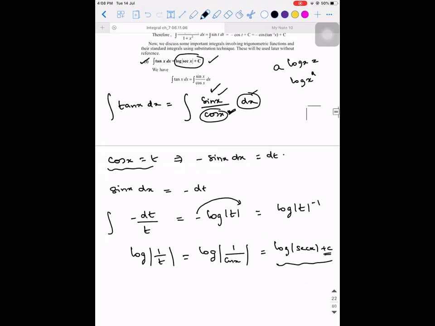Okay. So once you're done with this, try to find out what will be the integral of cot x dx.